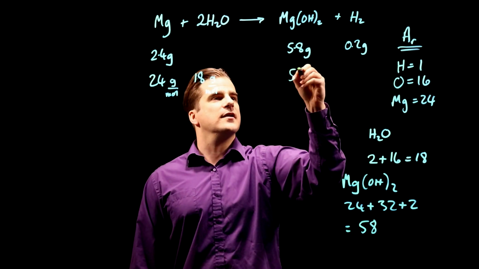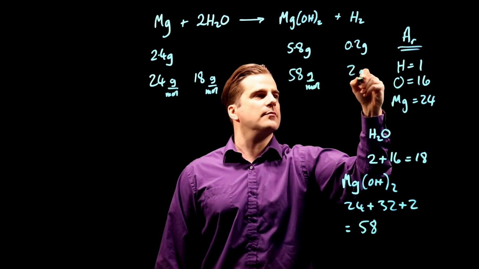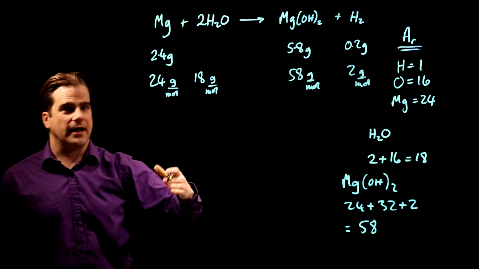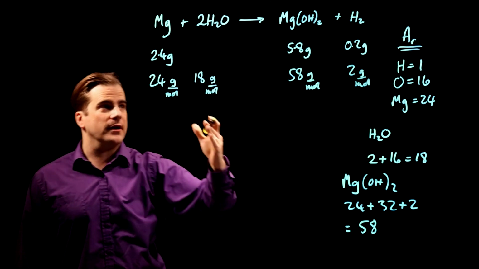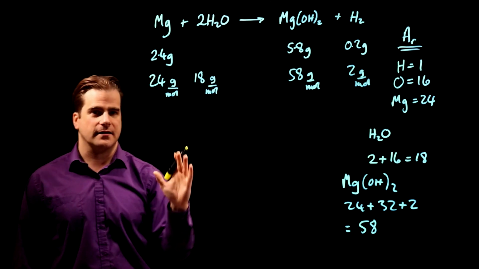Okay, so 58 grams per mole, and H2 is just 2 grams per mole. Okay, like I keep banging on about, write everything you know in columns underneath them. That's one of the keys to success.